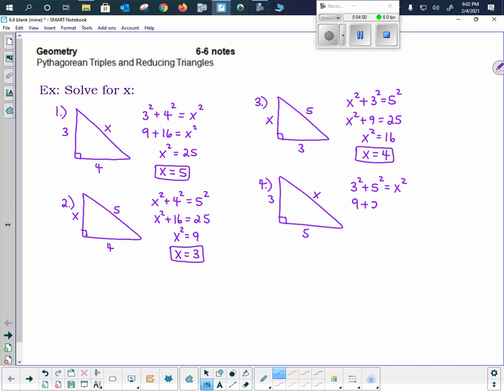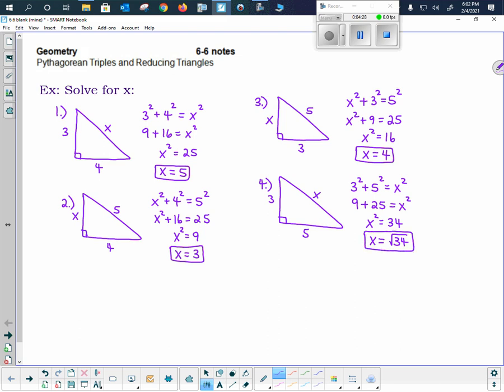So 9 plus 25 equals x squared. x squared equals 34. And therefore, if you take the square root, x would equal the square root of 34, which I'm trying to break down, that's 2 times 17. It just does not break down any further, because those would both be prime numbers. And so the square root of 34 would be the answer for x.